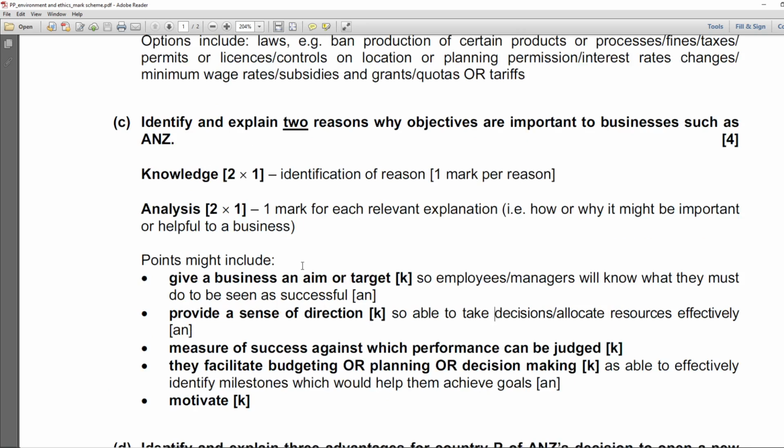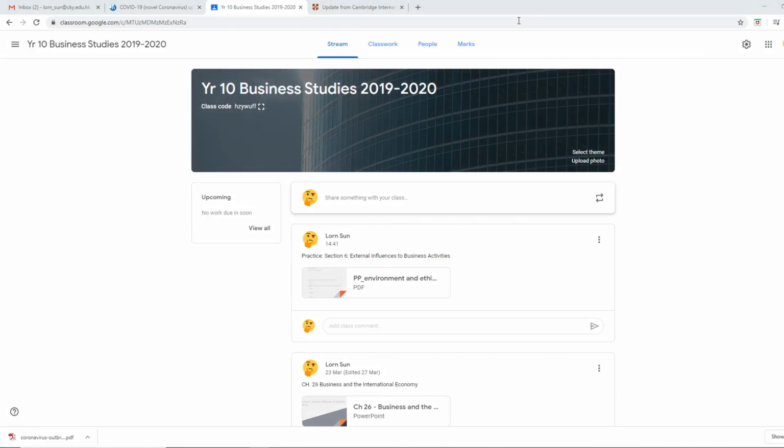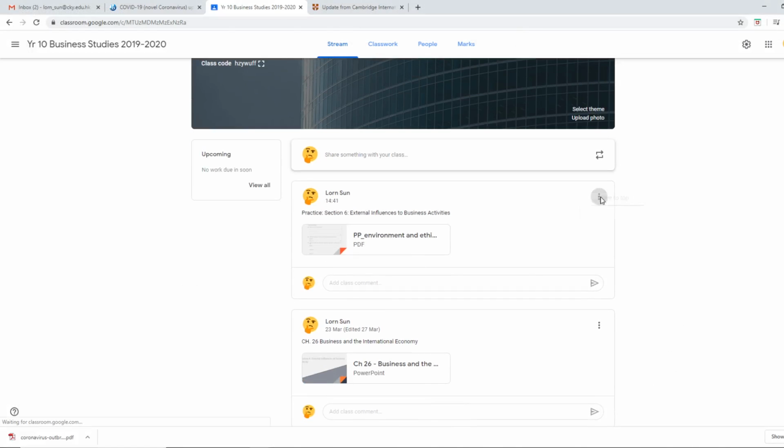We only have 2 minutes left, so I guess you can go through D and E as well. I guess that's all for today. I'm going to upload the mark scheme for you as well.